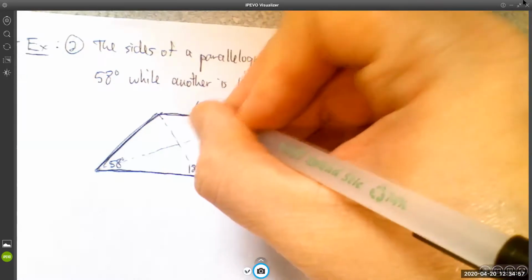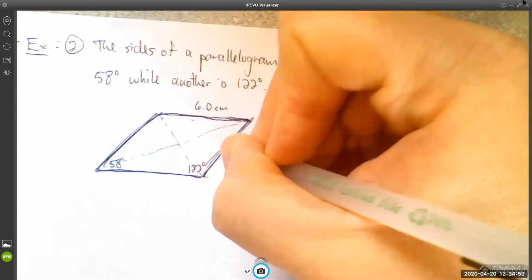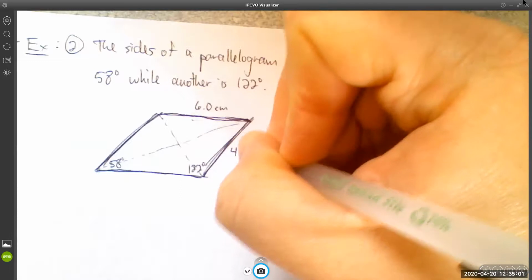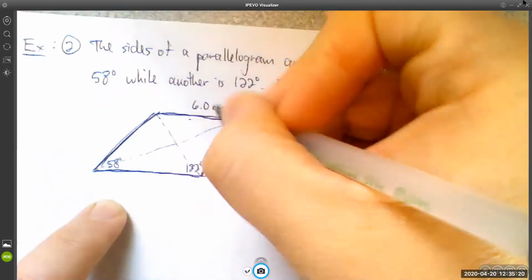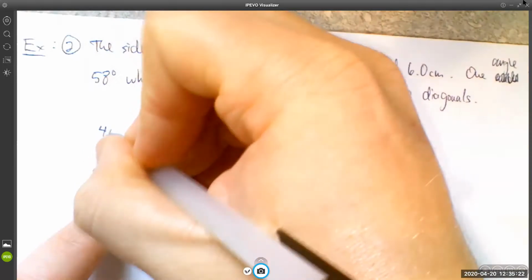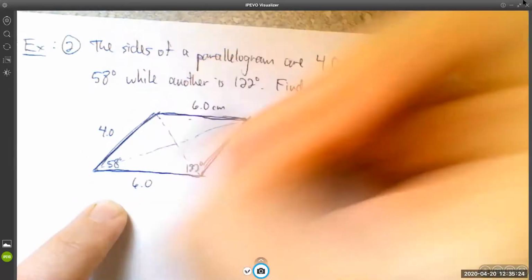I'm going to call this one 6. I'm going to call this one 4. And maybe it doesn't matter. We'll see. Okay, here we go. So we want to find the lengths of the diagonals here. So, of course, if this is 6 and 4, then this is also 4. This is also 6.